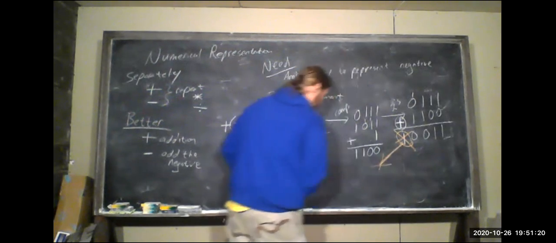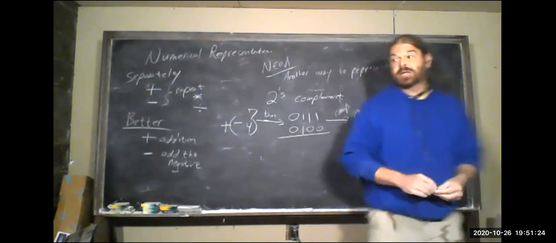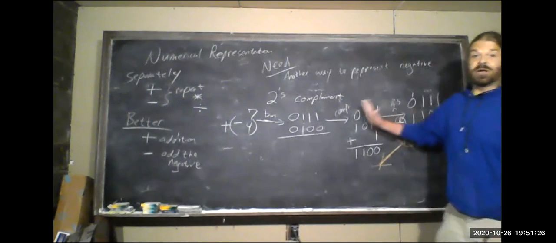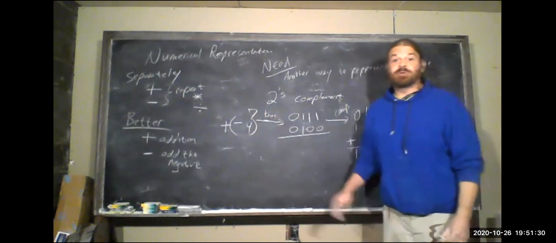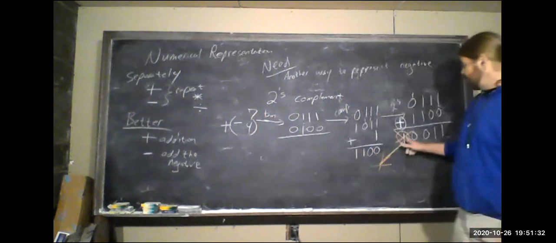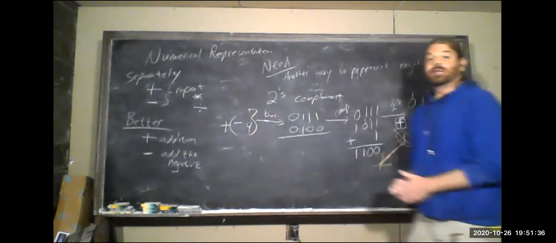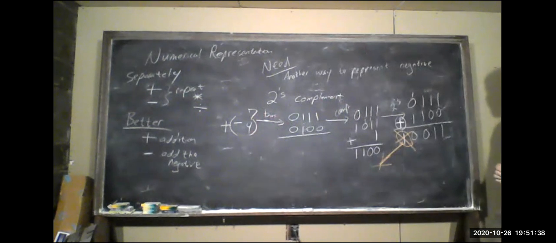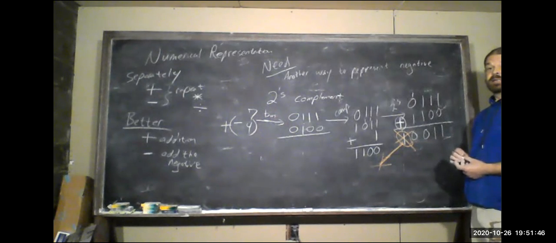As far as electronic pieces, when we put the circuits together to do this, there's a whole chain of circuits that are the same for every column. And then we know there's going to be an extra one, so the very last chain just feeds back to ground and throws that last bit away. Then we're left with 0, 0, 1, 1. What is that in base 10? 3. Yep.